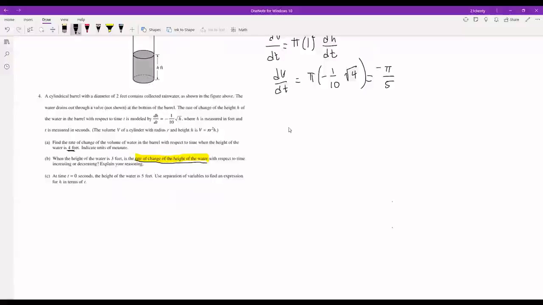The rate of change of a rate of change, which is a second derivative. So we just need to find the second derivative of height with respect to time, which means we just take the derivative of this formula again.